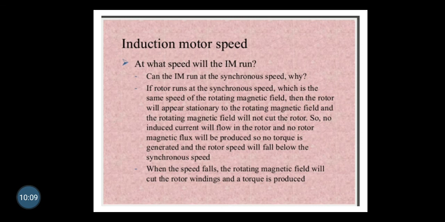So there is no current flowing in the rotor conductors, and therefore the rotor remains stationary. So if the rotor speed falls below the synchronous speed, then there will be a production of voltage in that rotor, and the rotor will rotate, or a torque will be produced over the rotor.